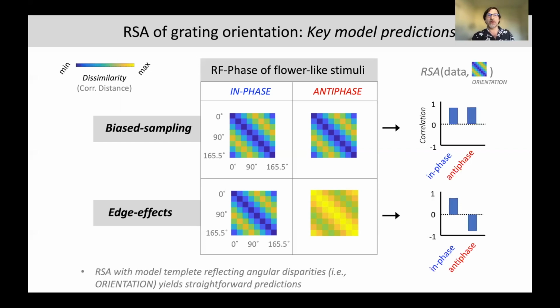This leads to straightforward predictions when conducting RSA analysis with a model template reflecting grating angular disparities. While the bias sampling and edge effect models predict the same dissimilarity structure for gratings shown within apertures with the same phase, they predict opposite dissimilarity structures in the antiphase condition.